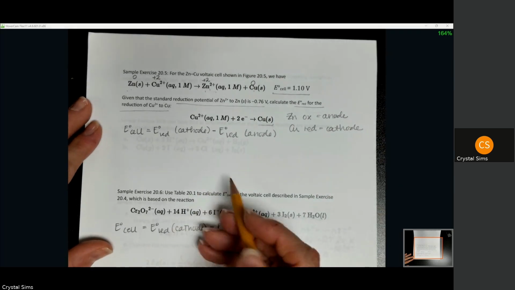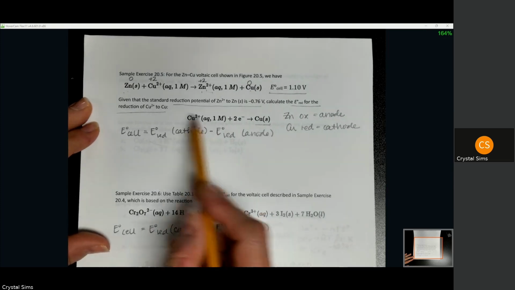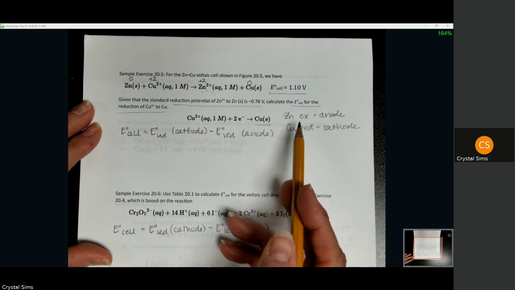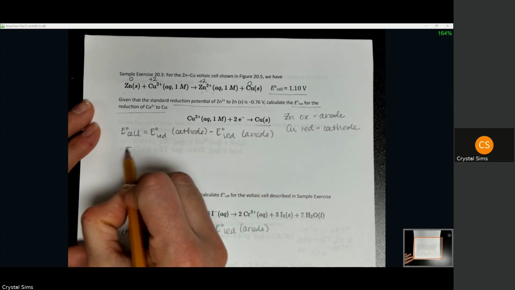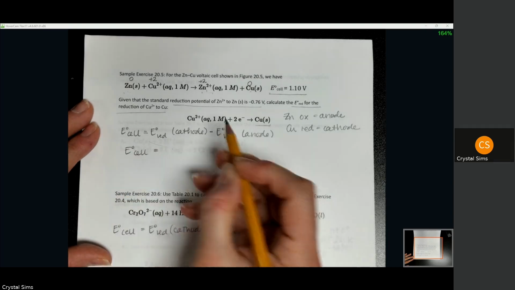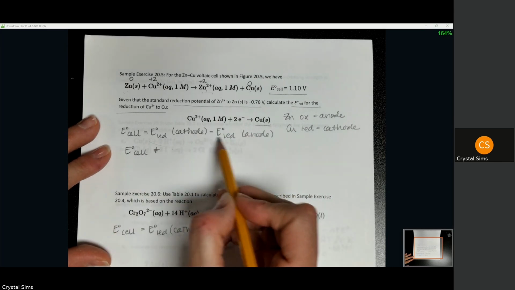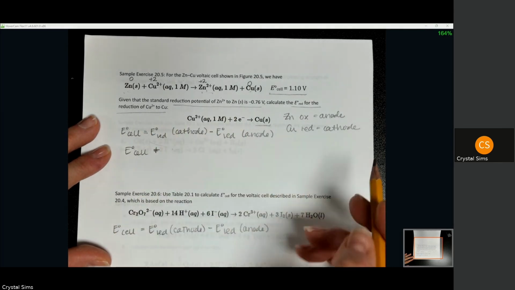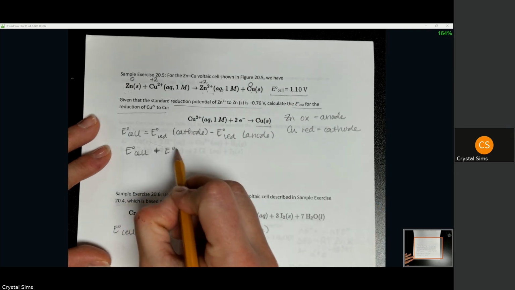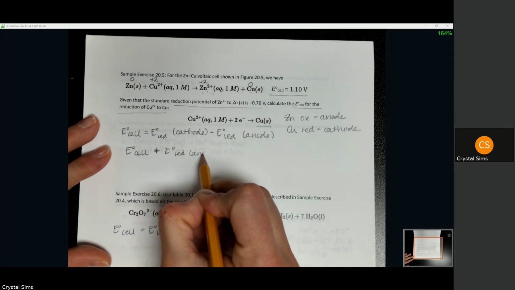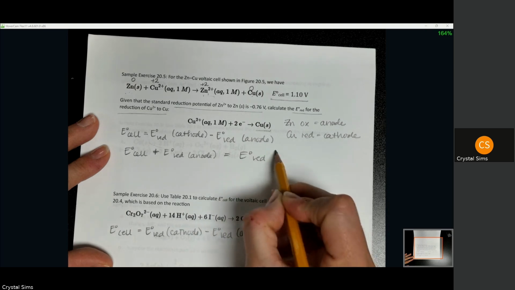So what we're trying to solve for is our cathode value. We'll rearrange our equation to solve for the cathode. That would be E cell, and we're moving this to the opposite side, so plus our reduction potential of our anode is going to be equal to the reduction potential of our cathode.